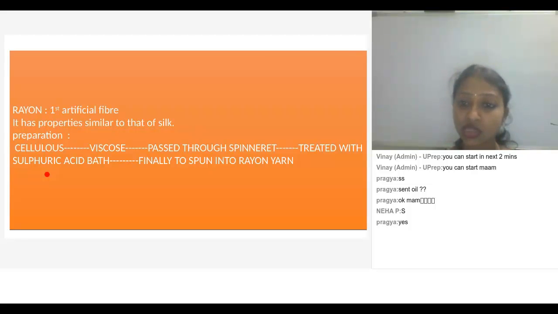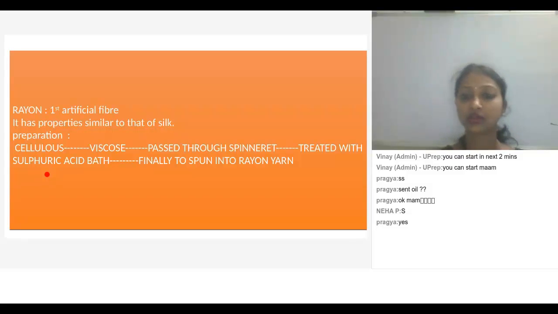Within the plant, cellulose is present in the bark. Animals can digest cellulose when they eat raw plants. But raw plants cannot be digested by humans.